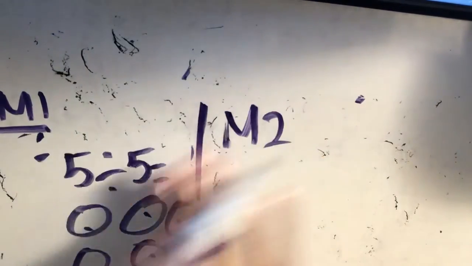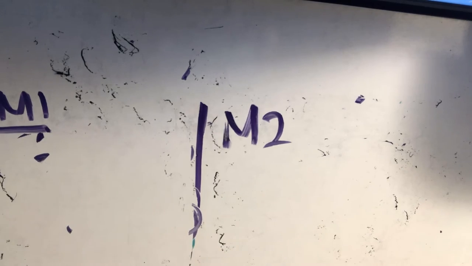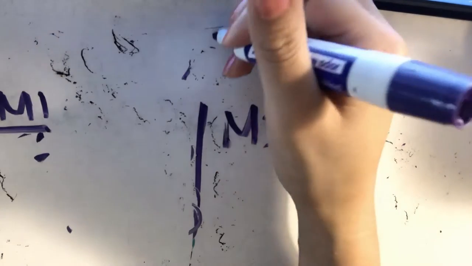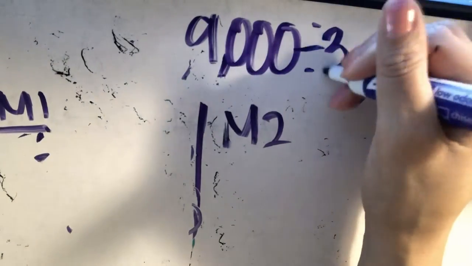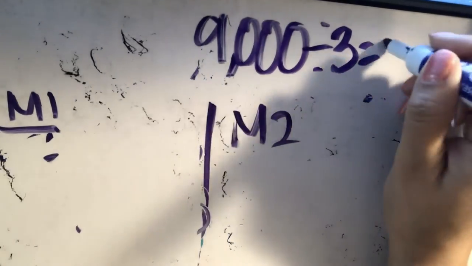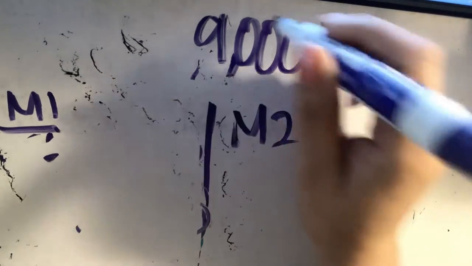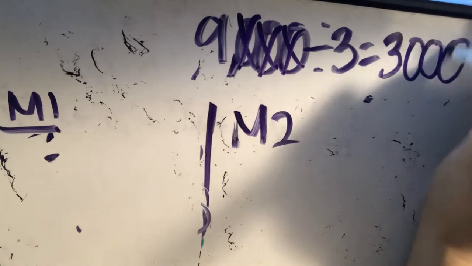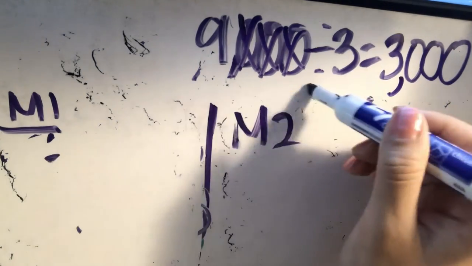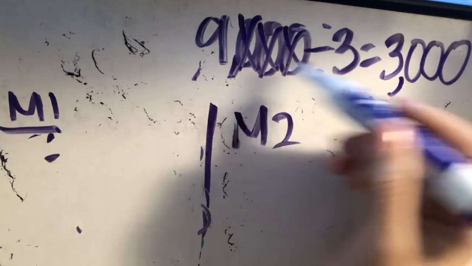Your next problem. Your next problem is 9,000 divided by 3 and that should have been 3,000 with the 3 zeros behind. So we take out all 3 zeros because 3 is smaller than 9.